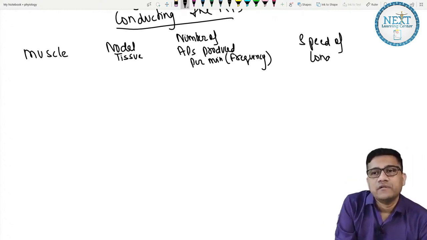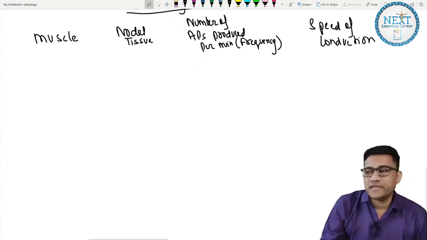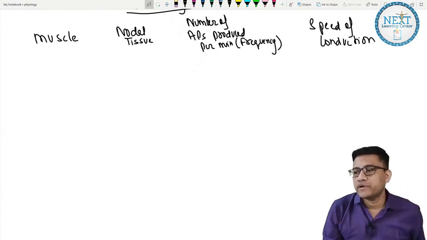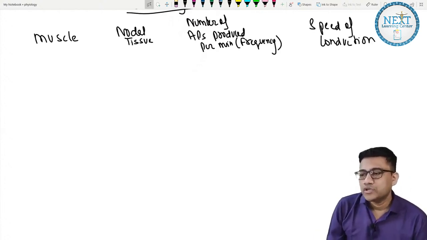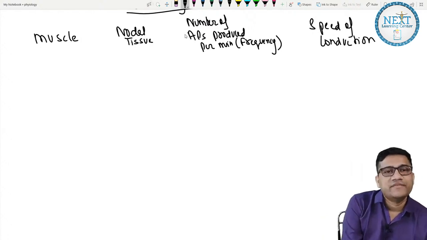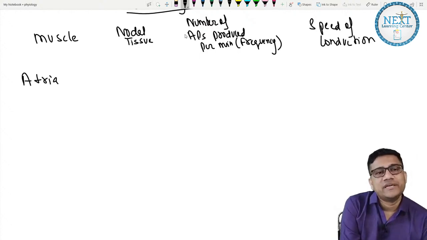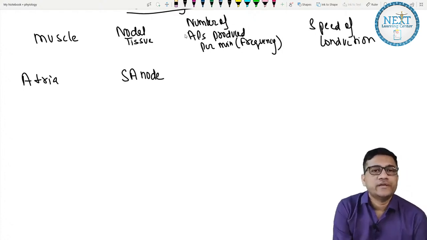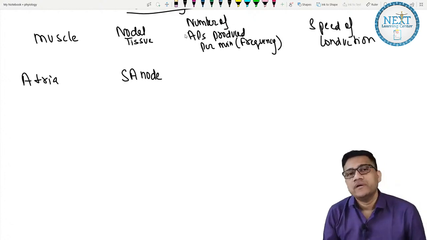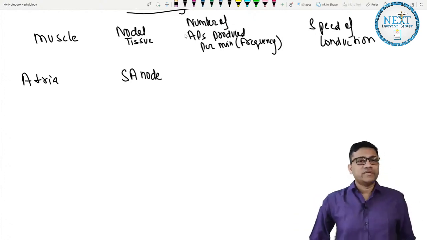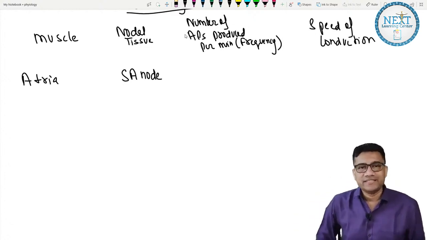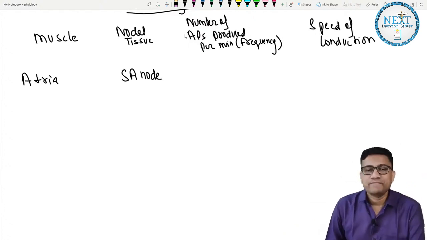So this is the table you are supposed to make. Let's fill it up. Muscle is atria, and atria is connected to the nodal tissue, the SA node.